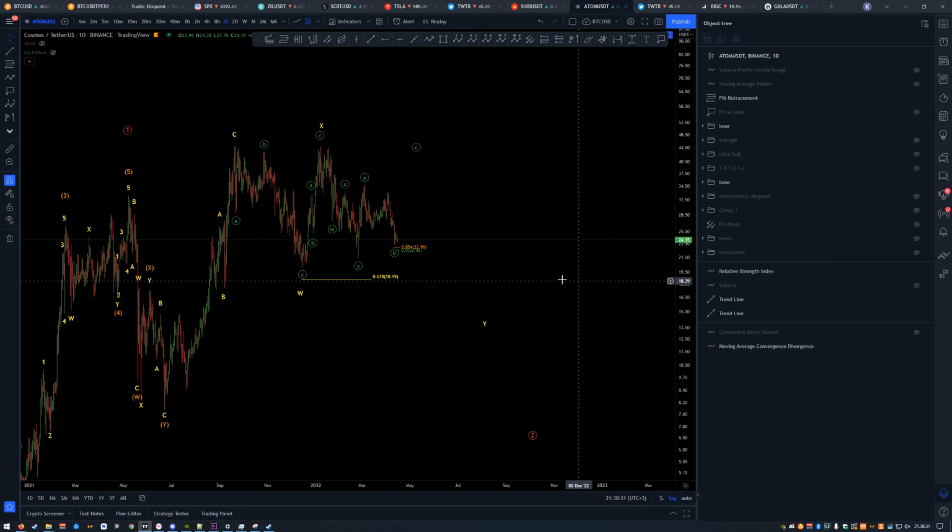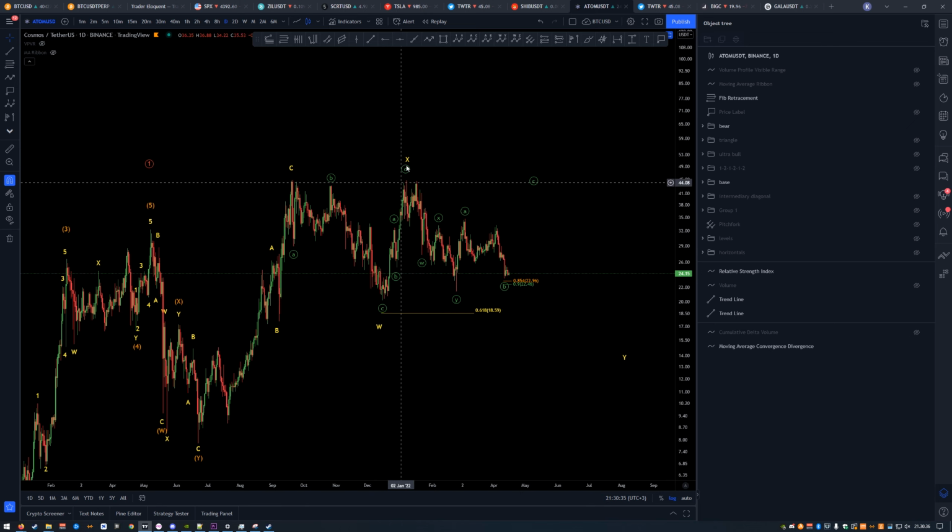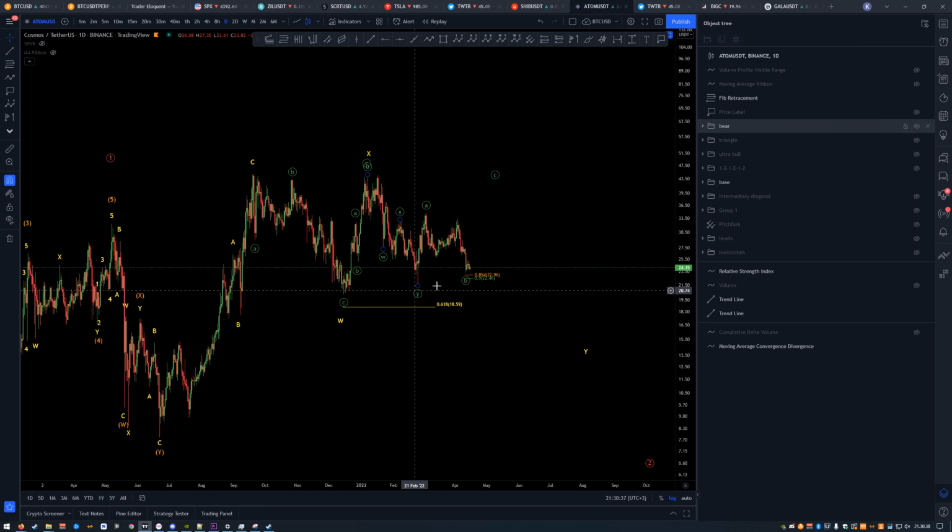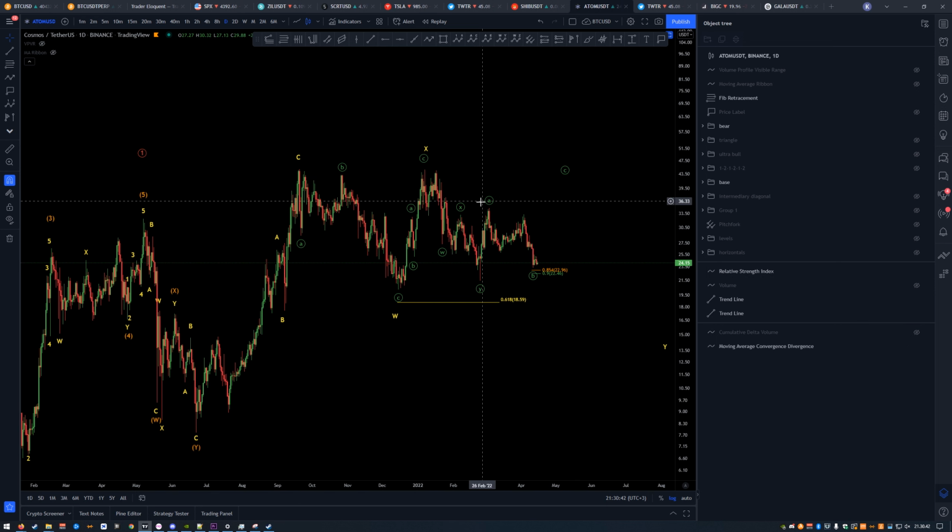Now again, all of these could be interpreted as some kind of three-way moves, although I would like to think they are more impulsive. Here again, 1, 2, 3, 4, 5 into A, it looks pretty good.